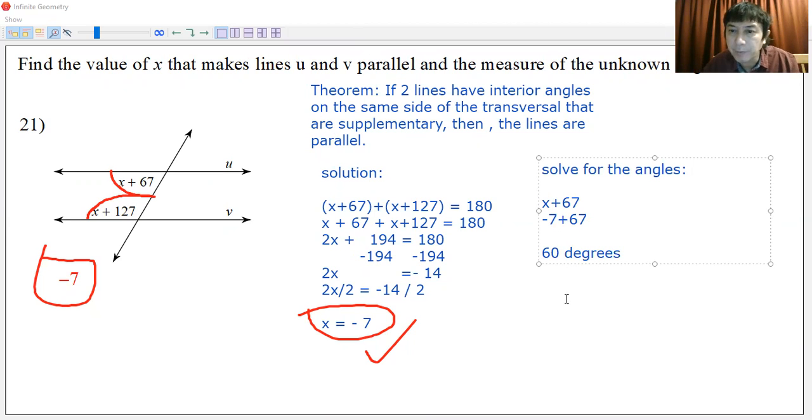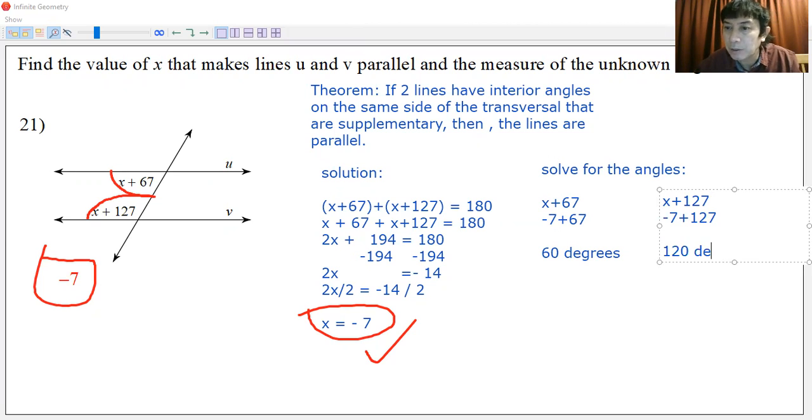Next, we use the other expression. The other expression is x plus 127. We have our x negative 7 plus 127. It's 120. This is also degrees.